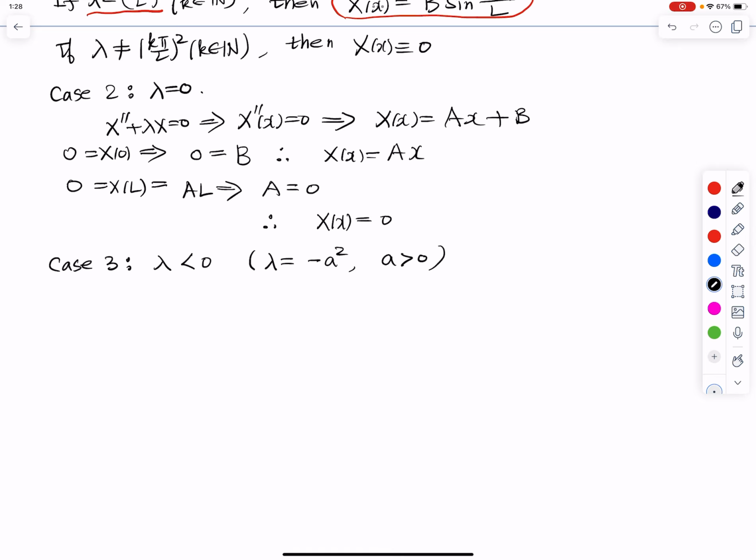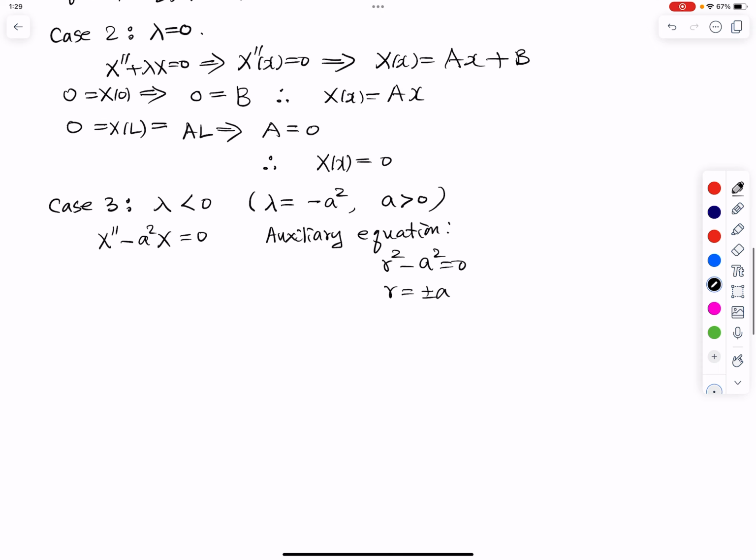Our equation becomes X double prime minus a squared X equals 0. Our auxiliary equation becomes r squared minus a squared equals 0, so r equals plus or minus a.